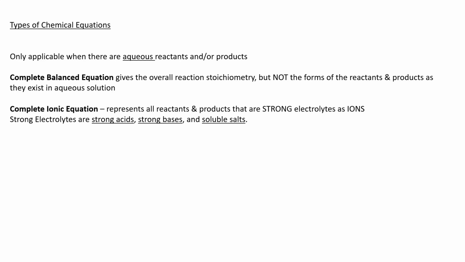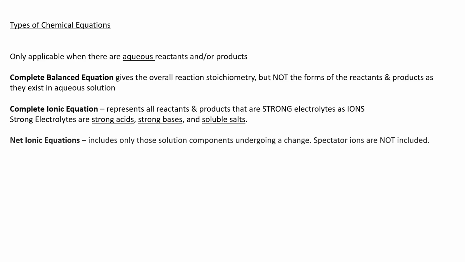That represents all of the reactants and products that are strong electrolytes as ions, and we just talked about what strong electrolytes are. But the net ionic equation includes only those solution components undergoing a change.